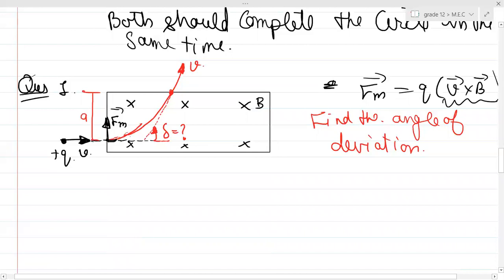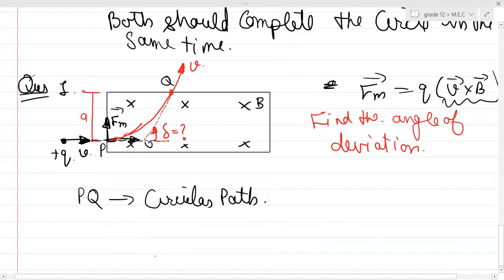A is basically the distance where the magnetic field is existing, till here. First of all, guys, tell me this particular thing. We know that this object is going in this direction, but due to this force Fm, it moves in a circular path like this. So basically, from point P to point Q, is it a circle? P to Q, is it a circular path? Yes or no? Yes. From P to Q, it's a circular path.